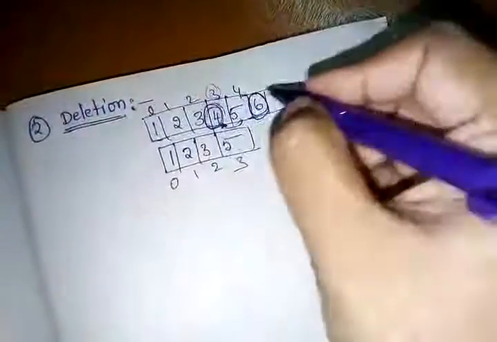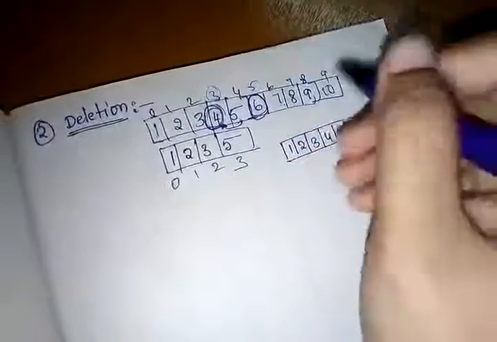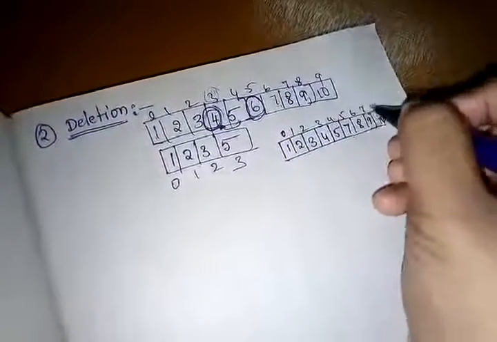So if you observe the indices here, 0 1 2 3 4 5 6 7 8.